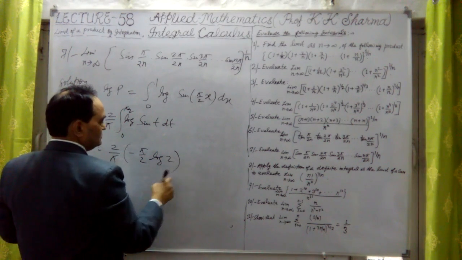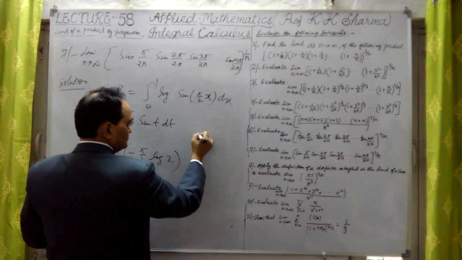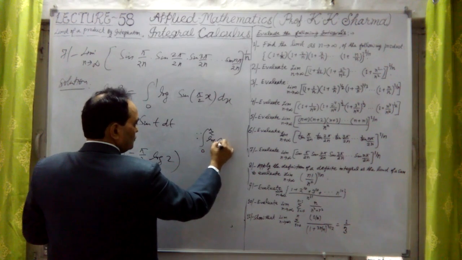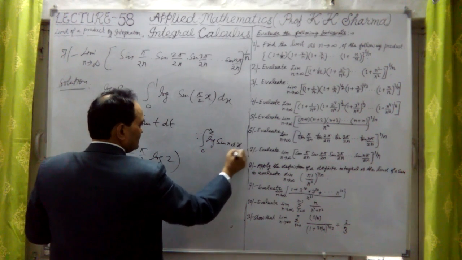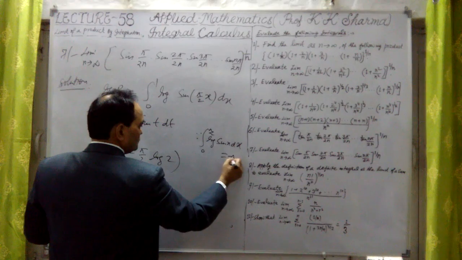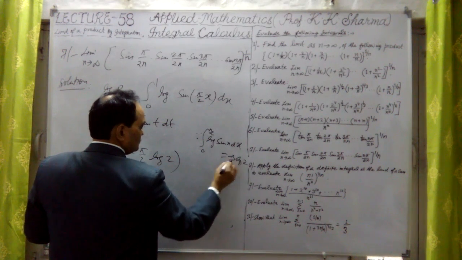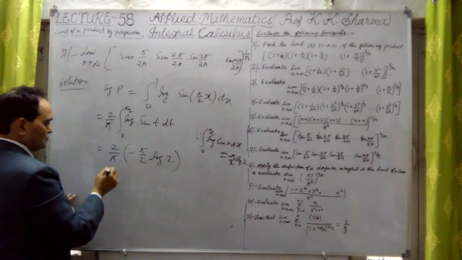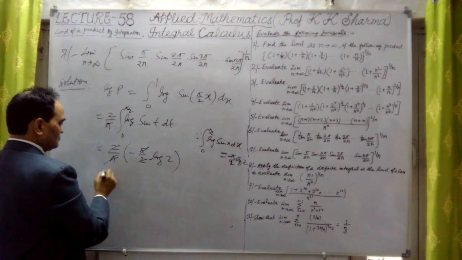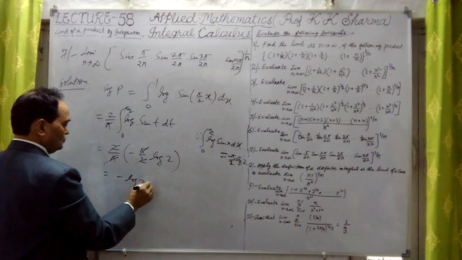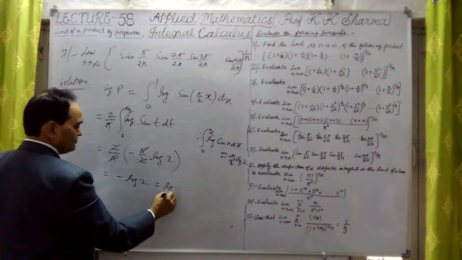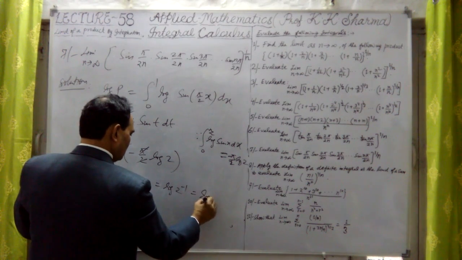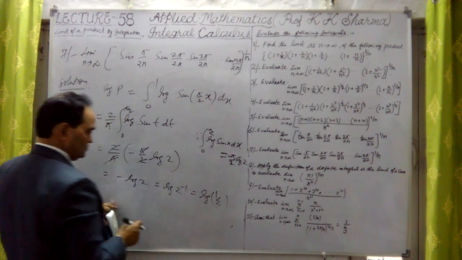The pi cancels out, giving minus log 2, which can be written as log of 2 raised to power minus 1, which is log of 1 upon 2.